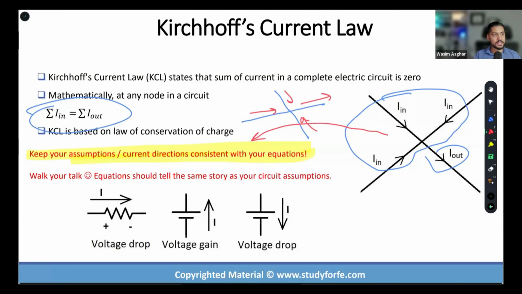Another thing you must remember is that there is no right or wrong assumption. Obviously, there is a right or wrong answer; there's only one correct answer as far as the magnitude and direction of the current is concerned. But if your assumptions are off, KCL will automatically take care of it by giving you a negative current.